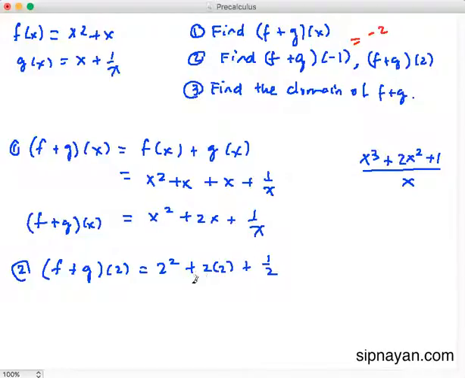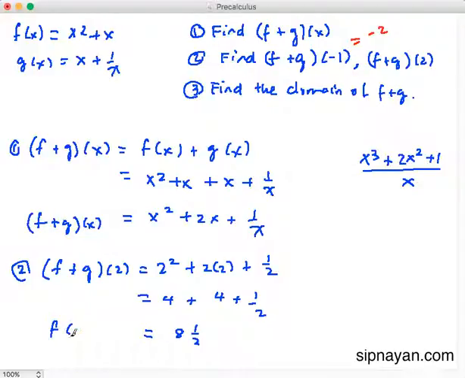X equals 2, so magiging 4 plus 4 plus 1 half. So, remember, hindi na natin ginamit to; kanina ginamit natin to. So, either of the two, pwede nyo gamitin yung original function or pwede nyo nang gamitin yung resulting function. What is 4 plus 4? 8 and 1 half, or 17 over 2. So, f plus g.